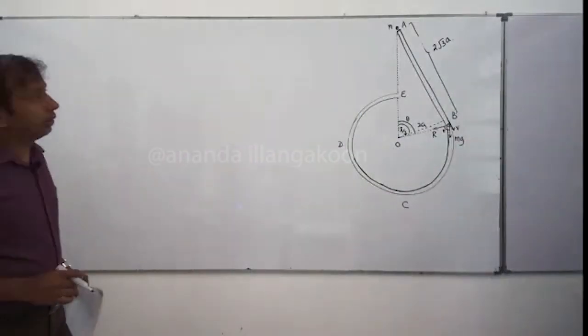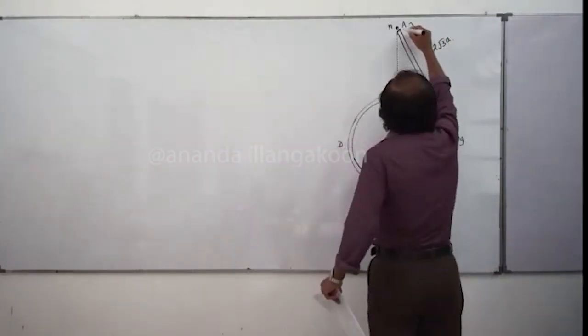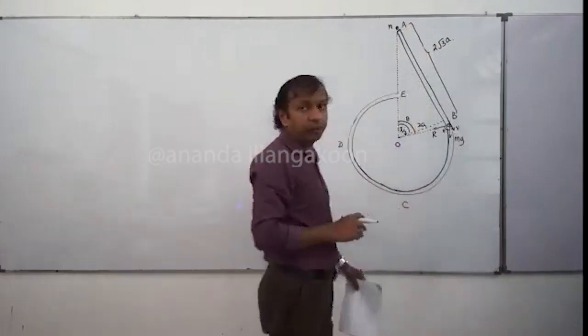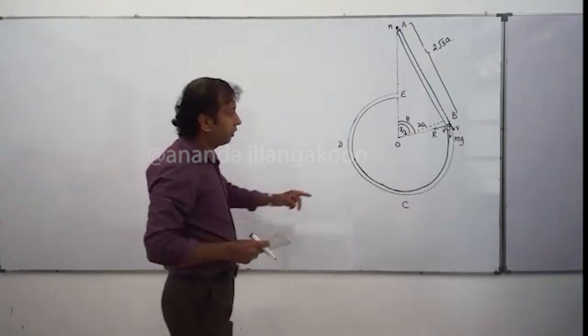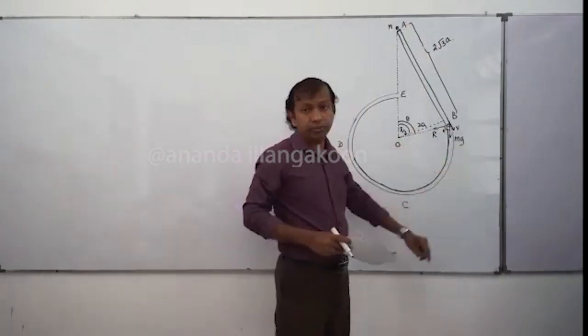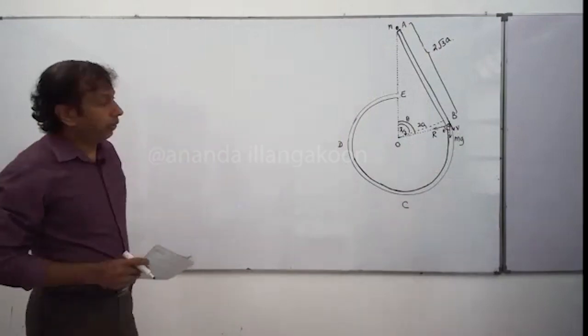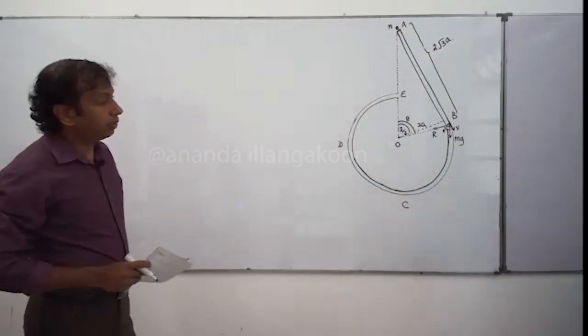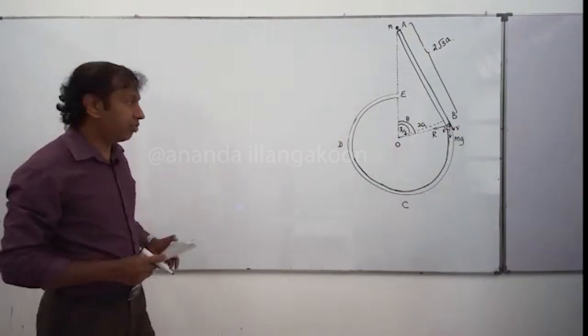When the particle is released, it has no velocity, it has only potential energy. Once the particle reaches here, it has both kinetic and potential energy. Now I have to select a level for potential energy zero.